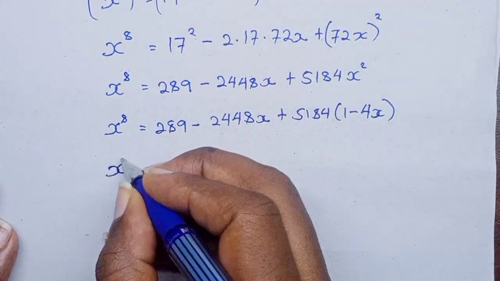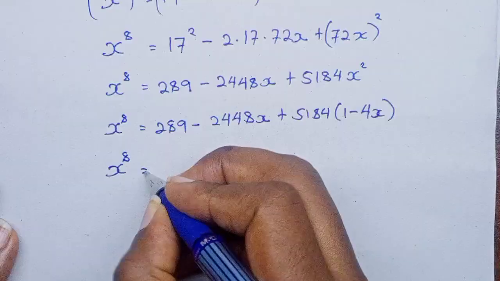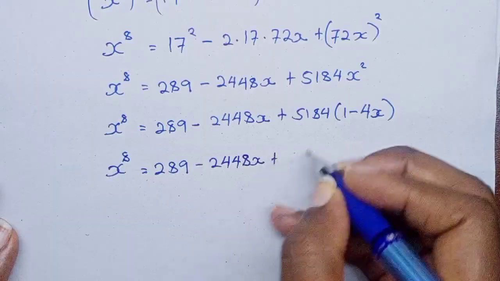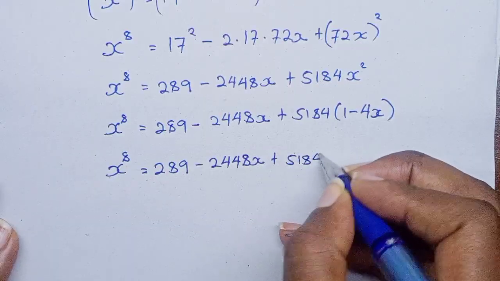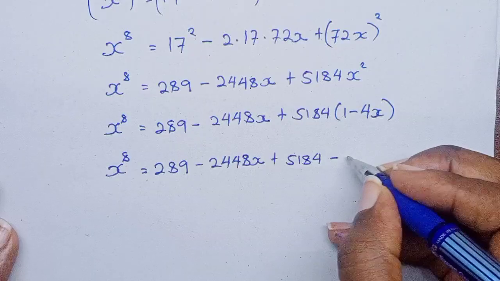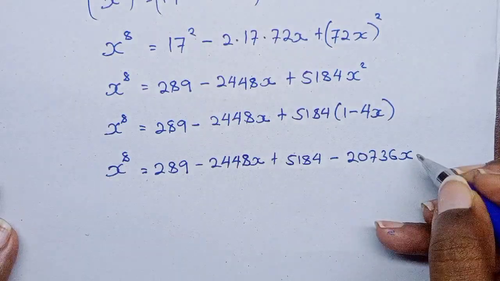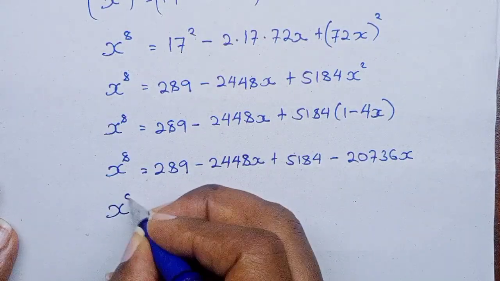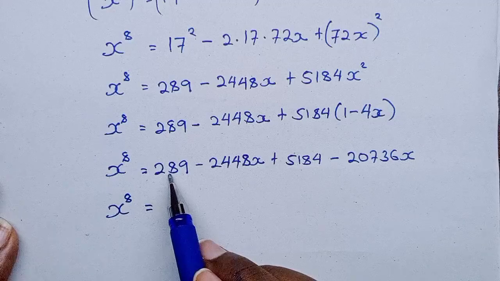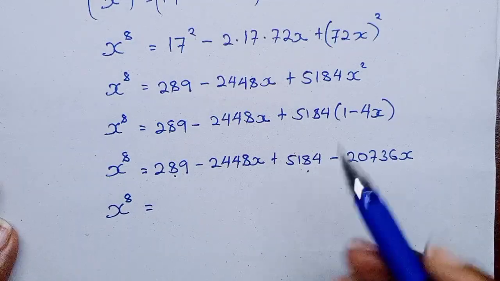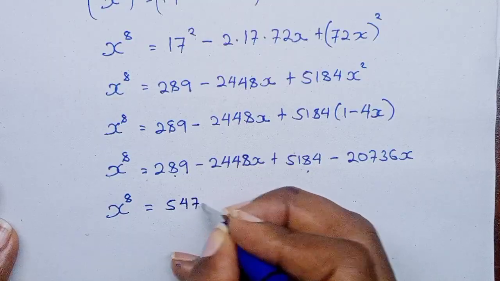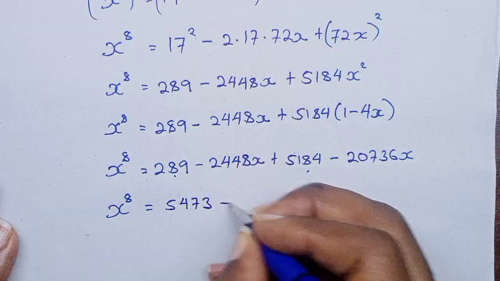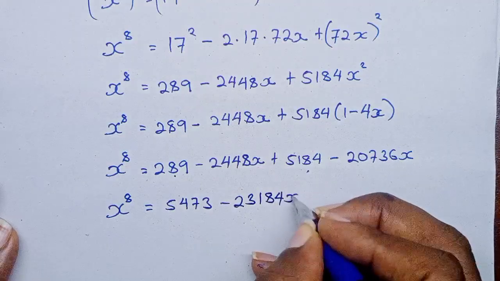And so x to the power 8 is equal to 289 minus 2448x plus 5184 times 1, which is 5184, minus 5184 times 4x, which is 20736x. So x to the power 8 is equal to 289 plus 5184, which gives us 5473. Then minus 2448x minus 20736x gives us minus 23184x.